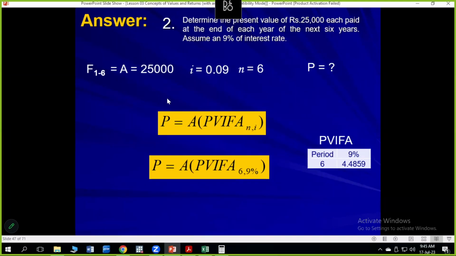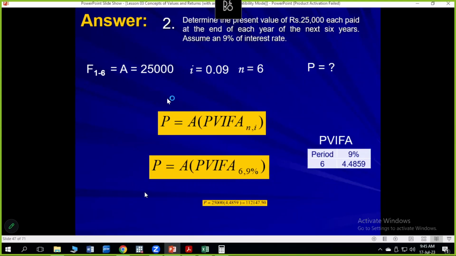You can use your calculator to calculate this one, but there is no need to go for that. You can simply get that value from the table. If you don't have the value in the table, you can use the original formula, substitute, and find this value using a calculator.